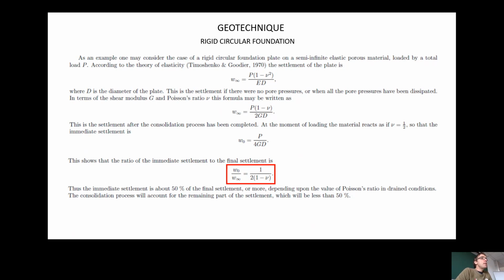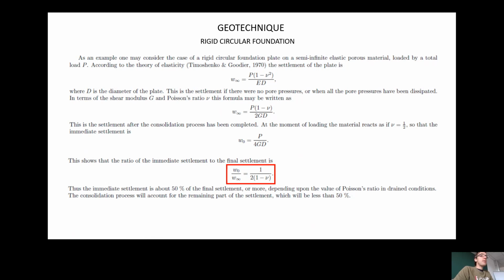At the moment of loading, the material reacts with nu equal to 0.5, as we said. So the immediate settlement can be defined as W0 equal to P over 4GD.